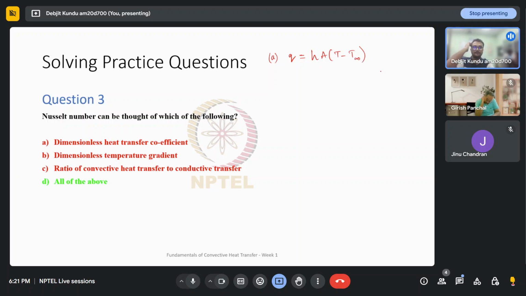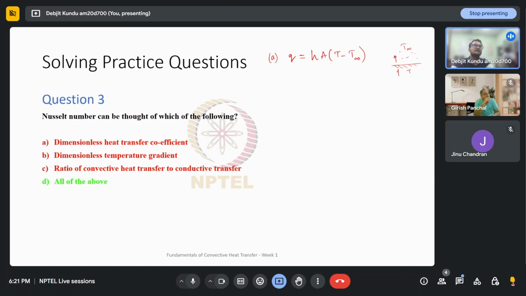So this is the convective heat transfer when there is a substance at temperature T and T infinity is the fluid temperature around it. So this is the Q leaving this solid surface through convection.